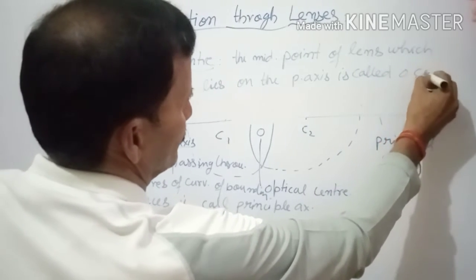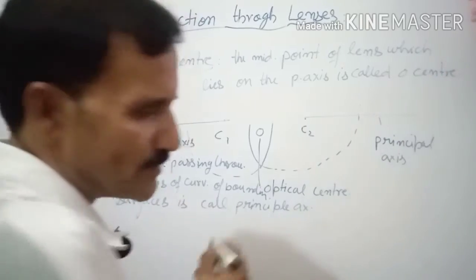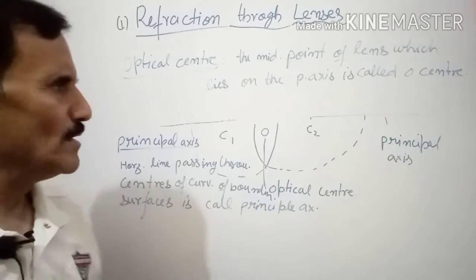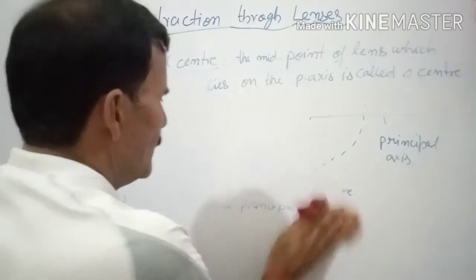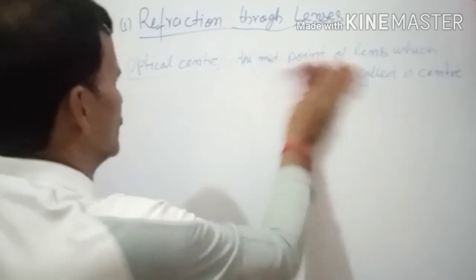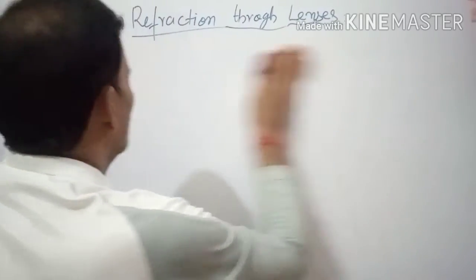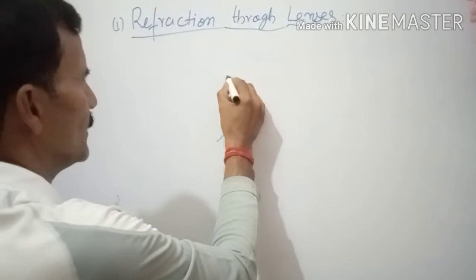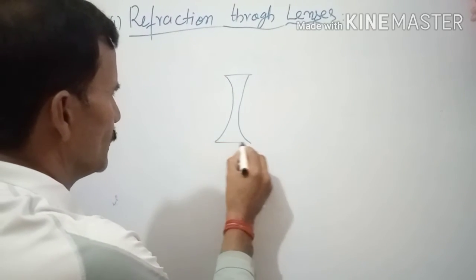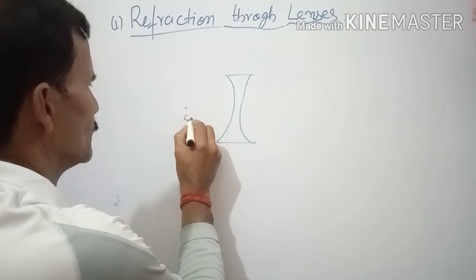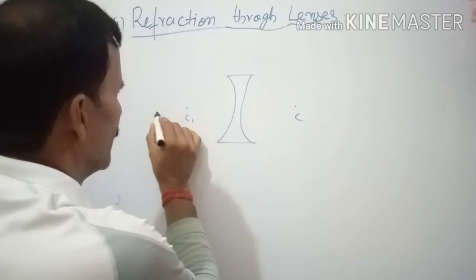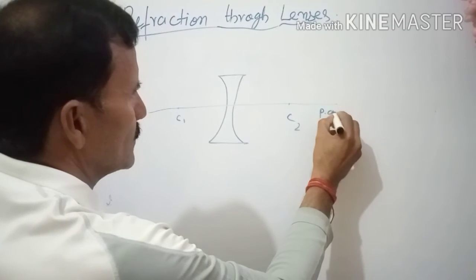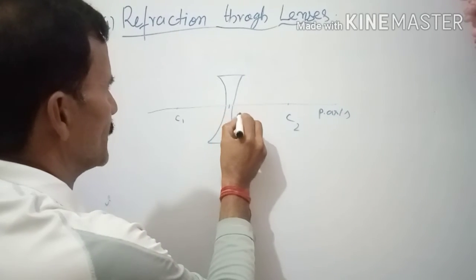Okay, so the definition is not very tough. If you know the figure, you can easily make it. The same thing happens in the case of a concave lens. Here again you have two centers of curvature, the line joining them is the principal axis, and this is the optical center.